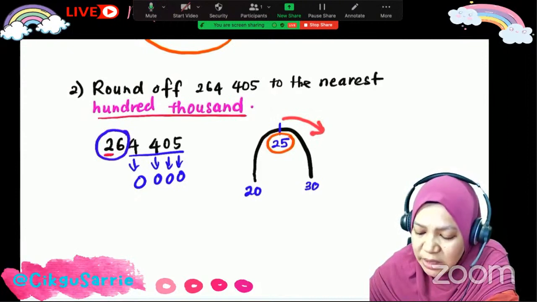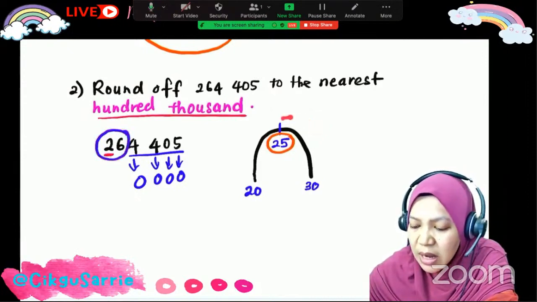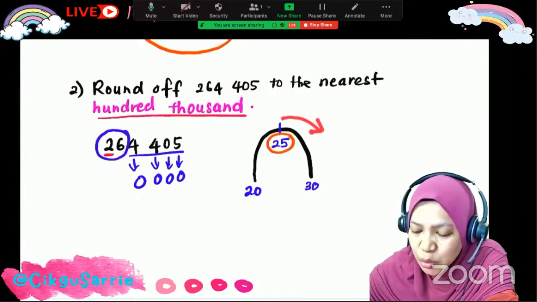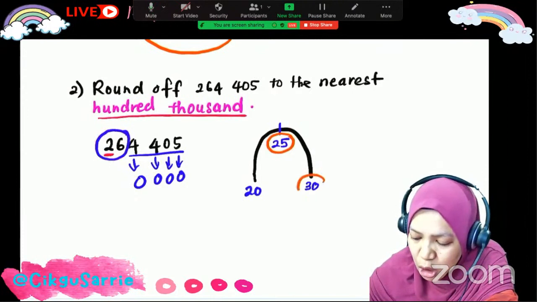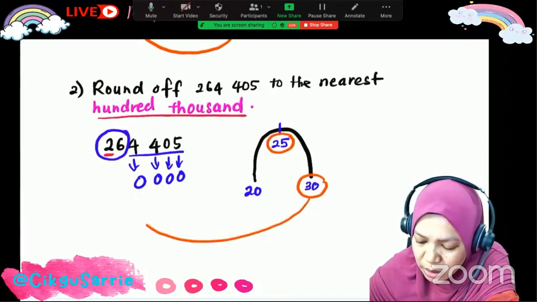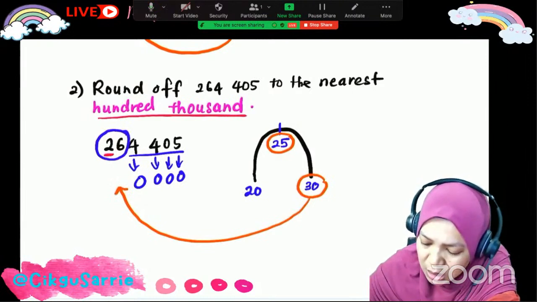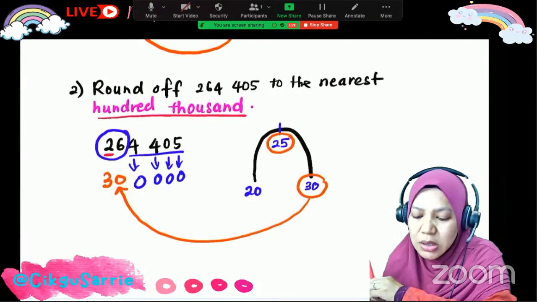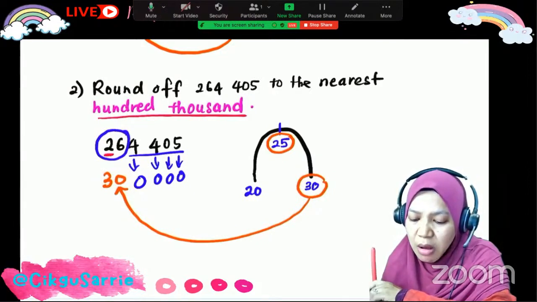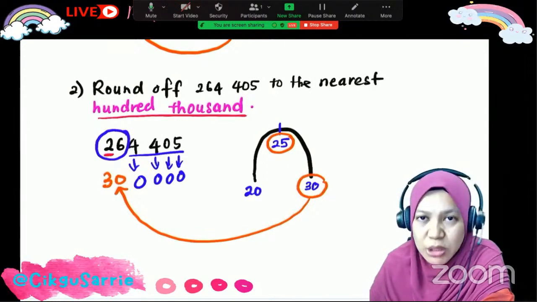So if this circle number is after 25, we will take this 30 to replace the number 26. So the number after rounded off will be 300,000.